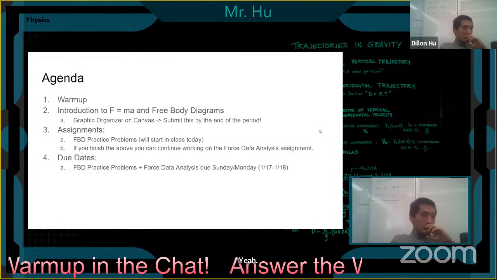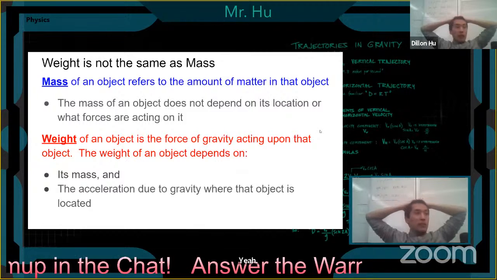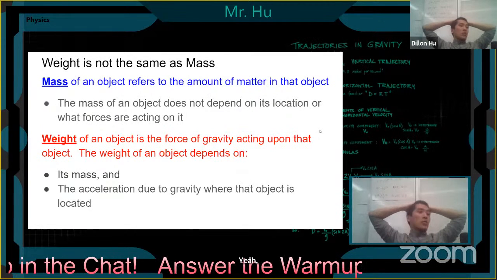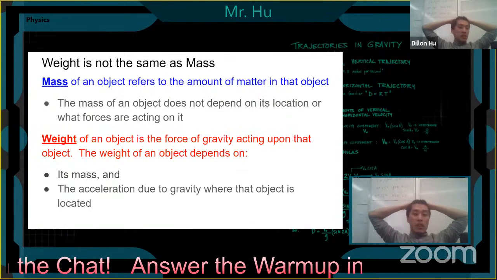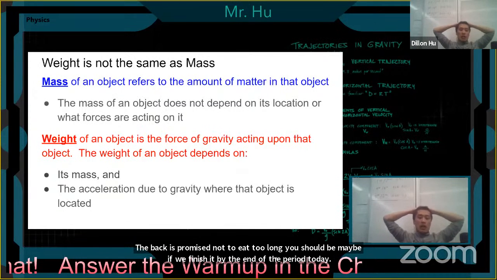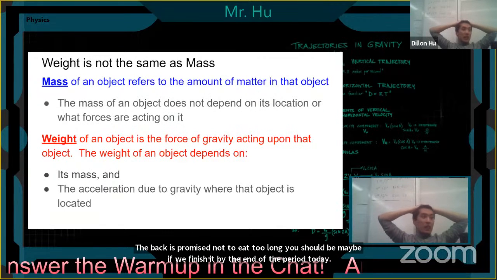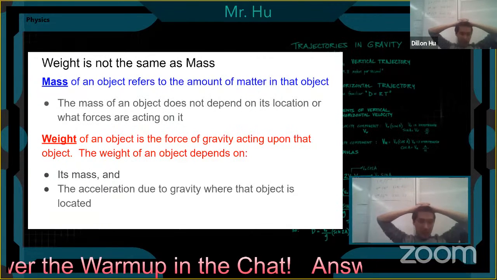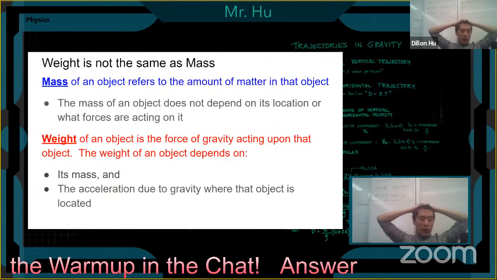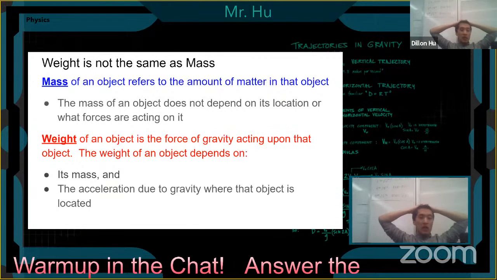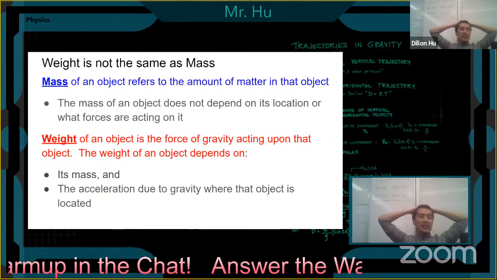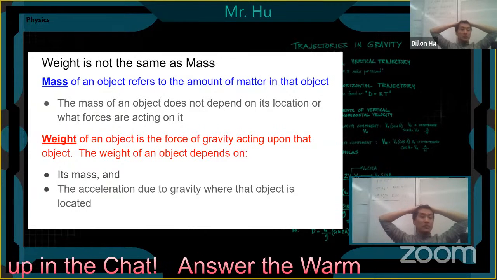Okay, so let's talk about why different things might weigh different numbers on different planets. Weight is not the same thing as mass. This is a very, very important concept that is easily mixed up all the time.